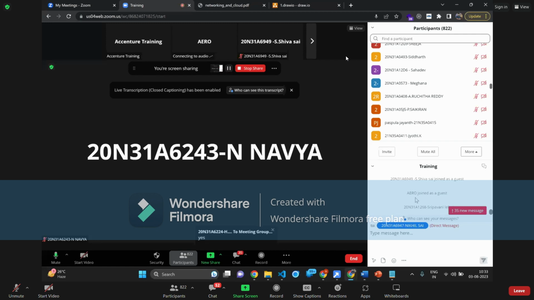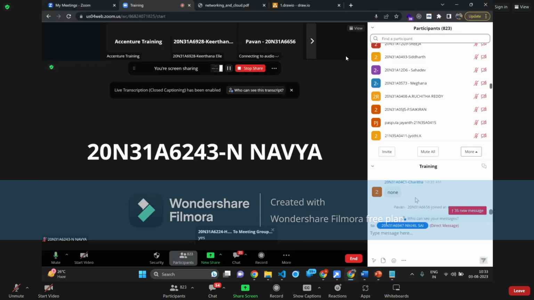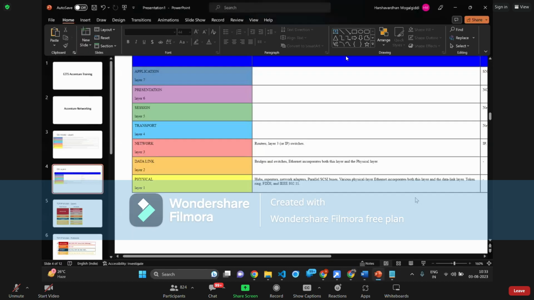Question is, which layer do network adapters belong to? Option 1, network layer. Option 2, presentation layer. Option 3, application layer. Option 4, none of the above. Answer is none of the above, right? Actual answer is physical layer.